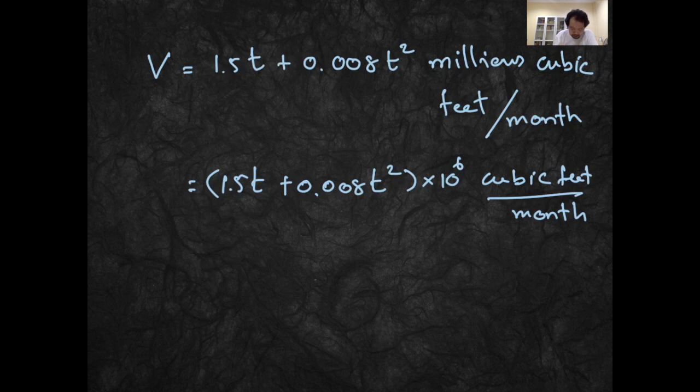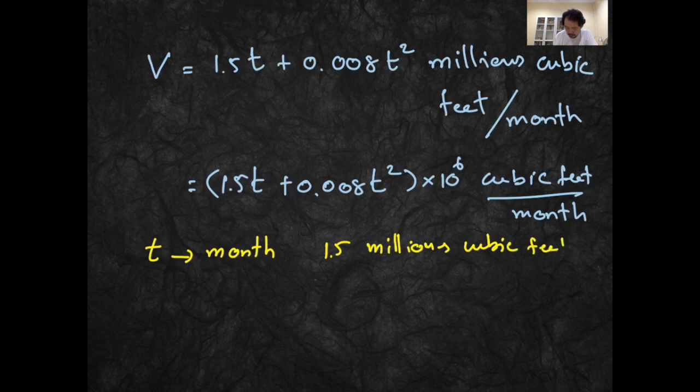If we have the unit of t as a month, this coefficient 1.5 million cubic feet per month square, right?